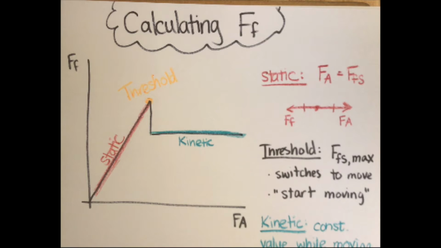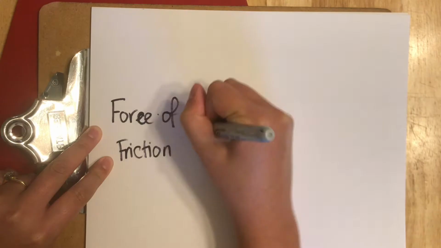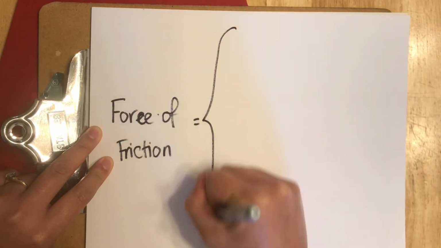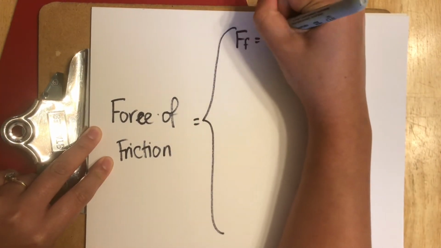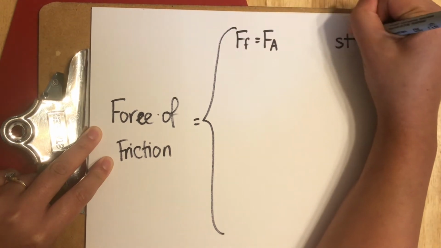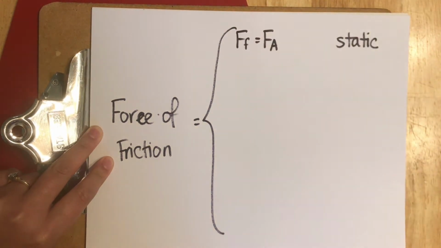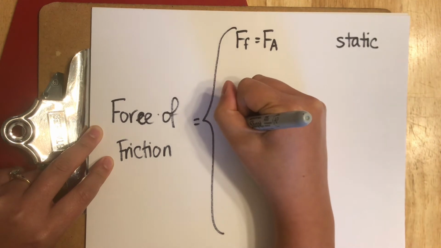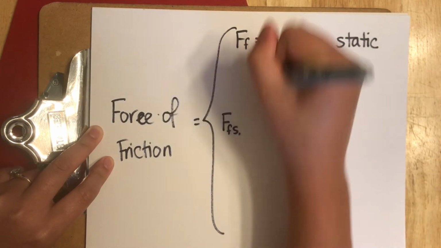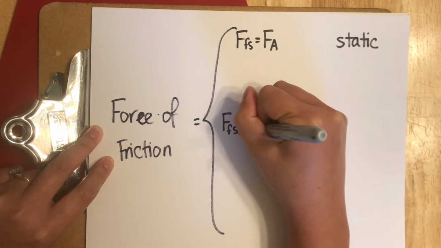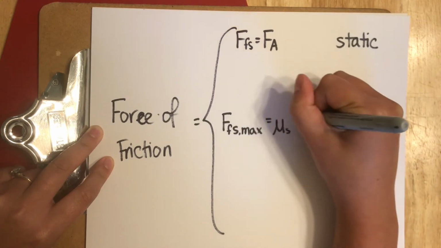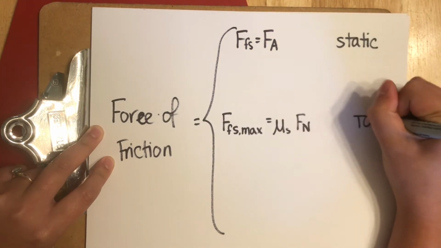And so what we're going to do is write one big piecewise function. It looks something like this. For static equilibrium, the friction force is equal to the applied force. At the threshold of motion, the maximum static friction force is equal to mu, the coefficient of friction, times the normal force.